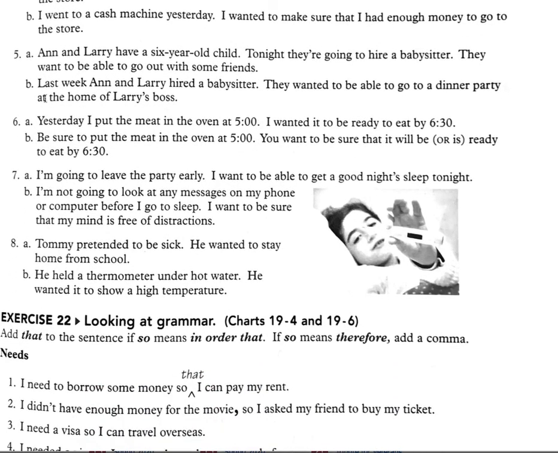Number 5B. Last week, Anne and Larry hired a babysitter. They wanted to be able to go to a dinner party at the home of Larry's boss.